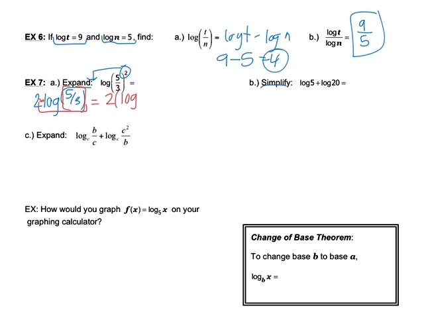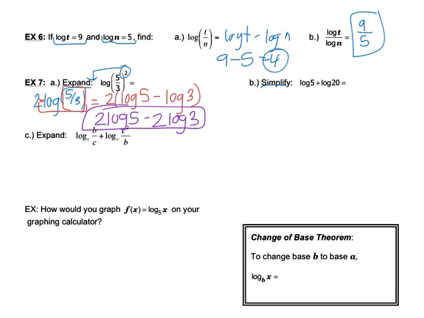So that would be log 5 minus log 3. And then you could split that up a little bit more just by writing it finally as 2 log 5 minus 2 log 3. So that's as expanded as that logarithm can get.